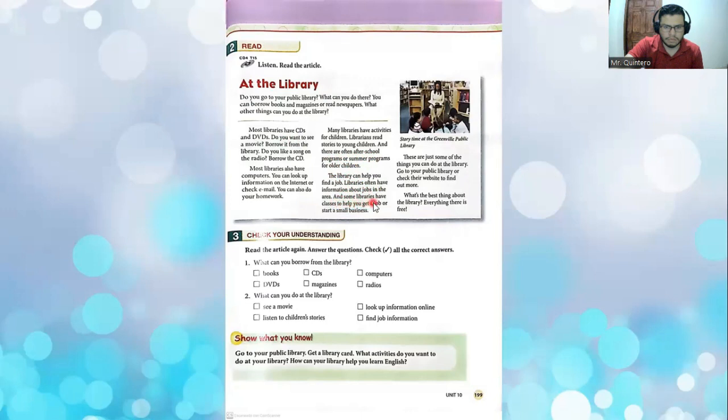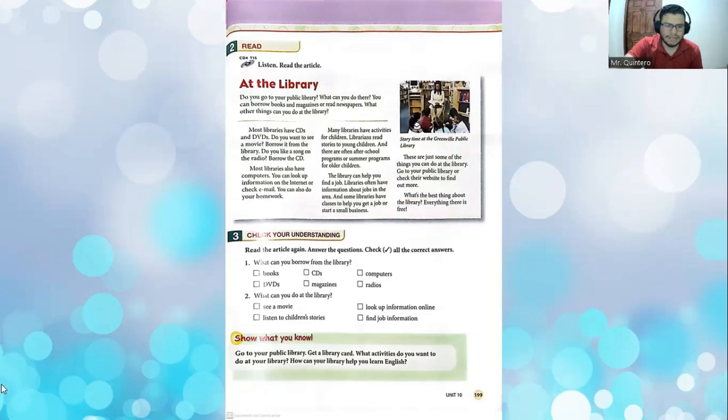And some libraries have classes to help you get a job or start a small business. These are just some of the things you can do at the library. Go to your public library or check their website to find out more. What's the best thing about the library? Everything there is free.